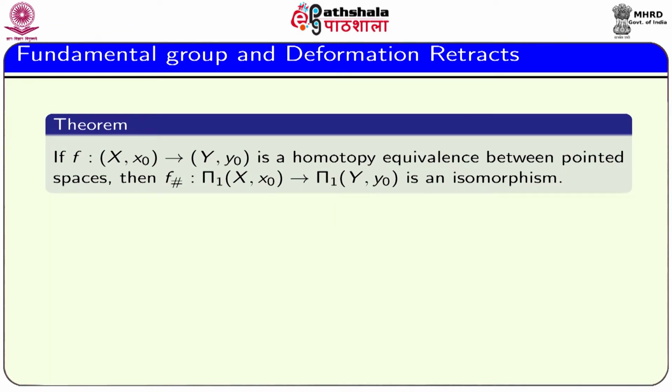Now if f is a homotopy equivalence between pointed spaces, then the corresponding induced homomorphism f sharp is an isomorphism.